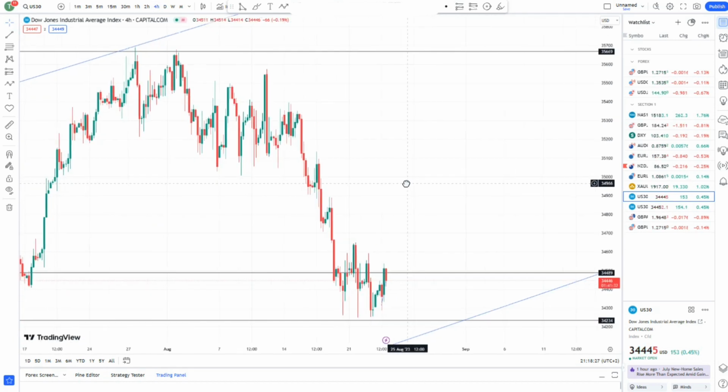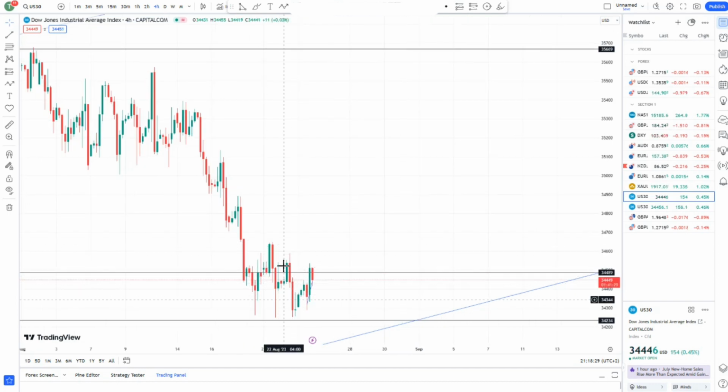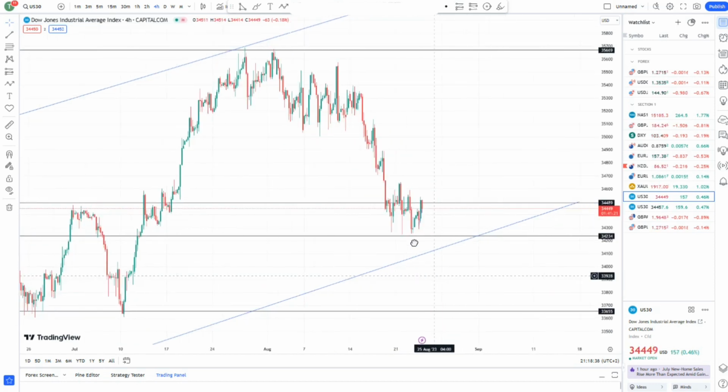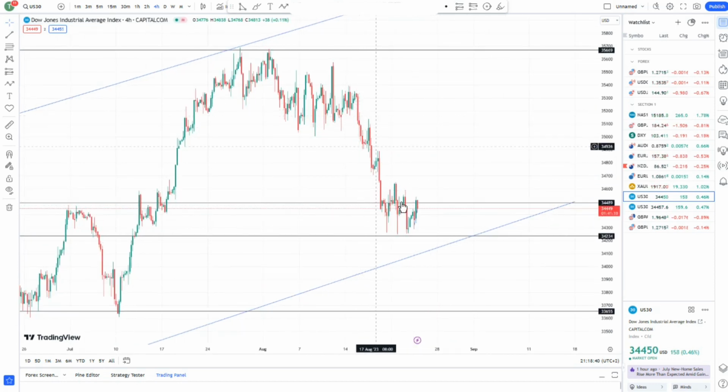Now I can already see that price is actually starting to crawl towards this supporting level, which means that buyers are starting to come in, and all this sell pressure is starting to decrease, right?